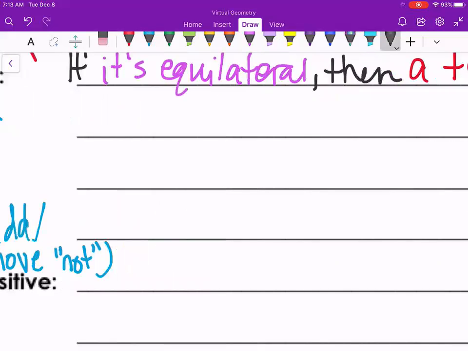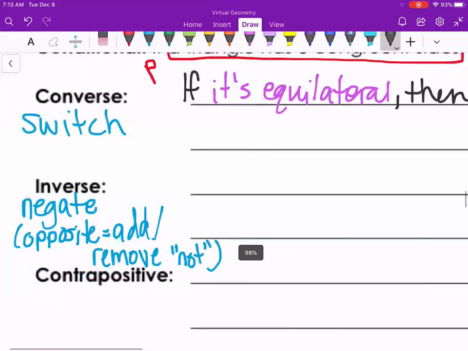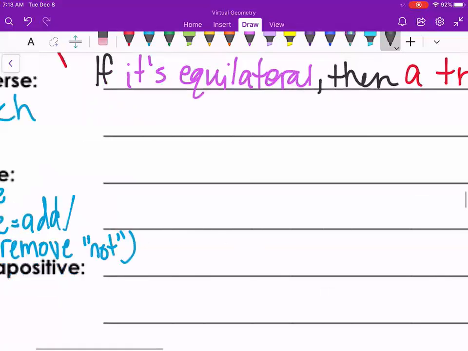So again, we start off with if. This time, the order of the statement does not change.